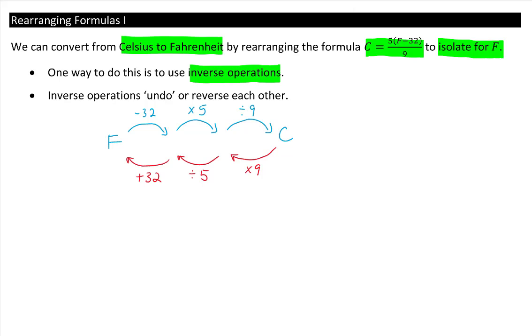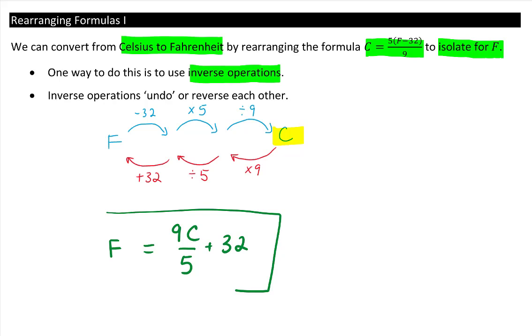So what this is now saying is if I take the C value and I multiply it by 9, I divide it by 5, and I add 32, that is now going to equal a formula for Fahrenheit. So this formula converts Celsius to Fahrenheit. We sub in the Celsius, and out we get Fahrenheit. So this is one method of isolating for a variable.